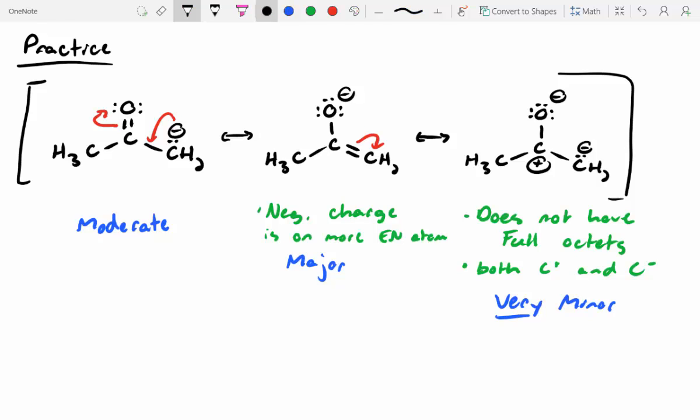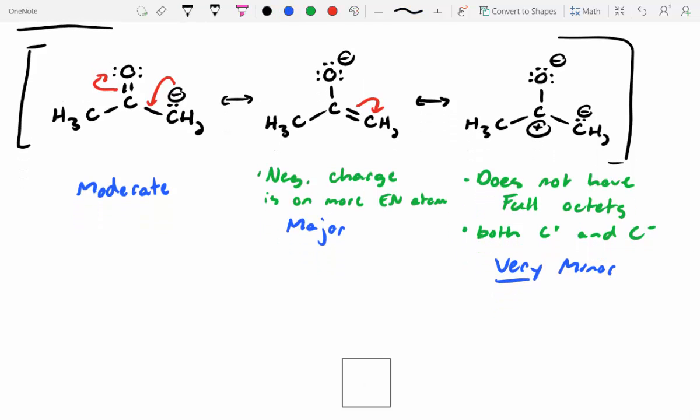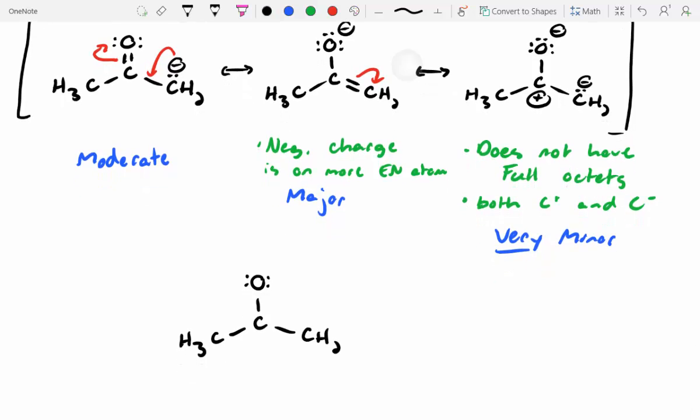All right, we're starting to run out of time, but really quickly we'll draw the hybrid of this. And I'll say, all right, we've got CH3, C, CH2. We've got oxygen with 2 lone pairs. We know that this oxygen is going to carry a pretty substantial portion of that negative charge.